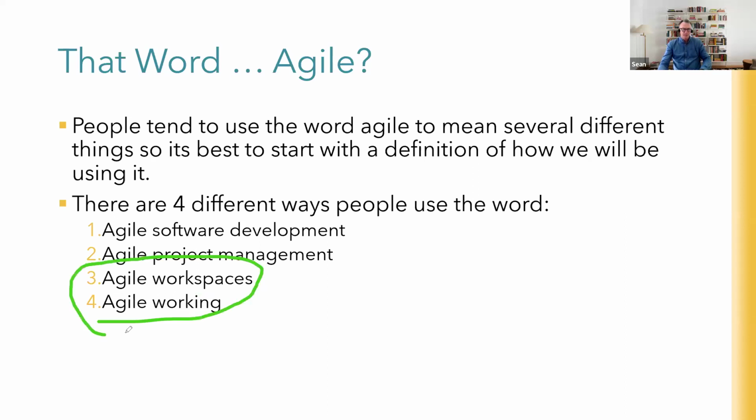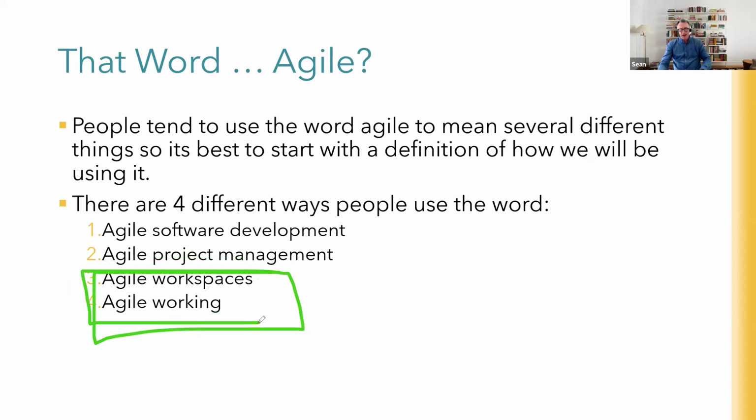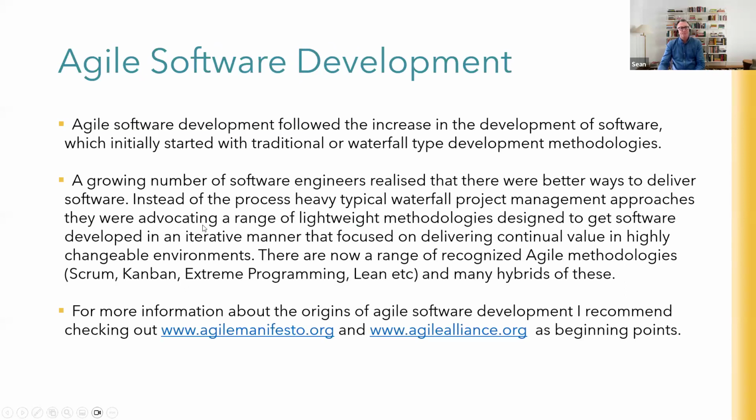When companies say they're going Agile, some of them mean that. But we're going to focus on the first 2, Agile software development and Agile project management, just to be clear. Again, the first question you need to ask people is, what do they mean when they say the word Agile?